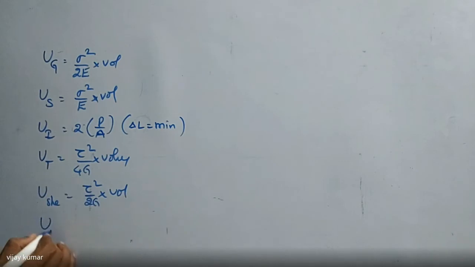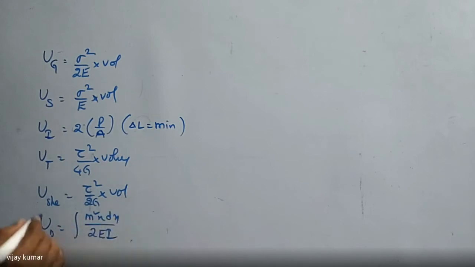In case of bending, you can write the integral of M² into x into dx divided by 2 times E into I. So this is the formula of strain energy under bending.